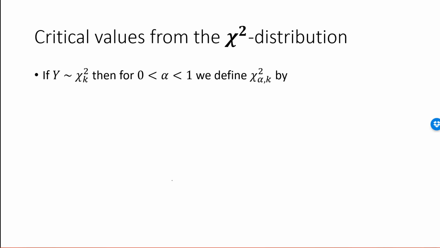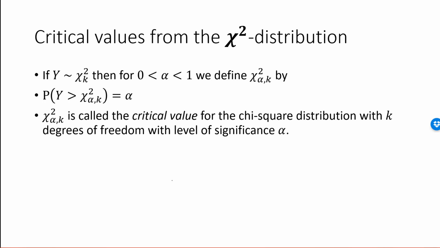Then chi-square alpha k is defined just like for the other cases, the probability that we'll get a number bigger than this, and that should be precisely alpha. And we call it the same thing, just changing the name of the distribution. So it's the critical value for the chi-square distribution with k degrees of freedom, and the level of significance is alpha, that is the probability of the tail.